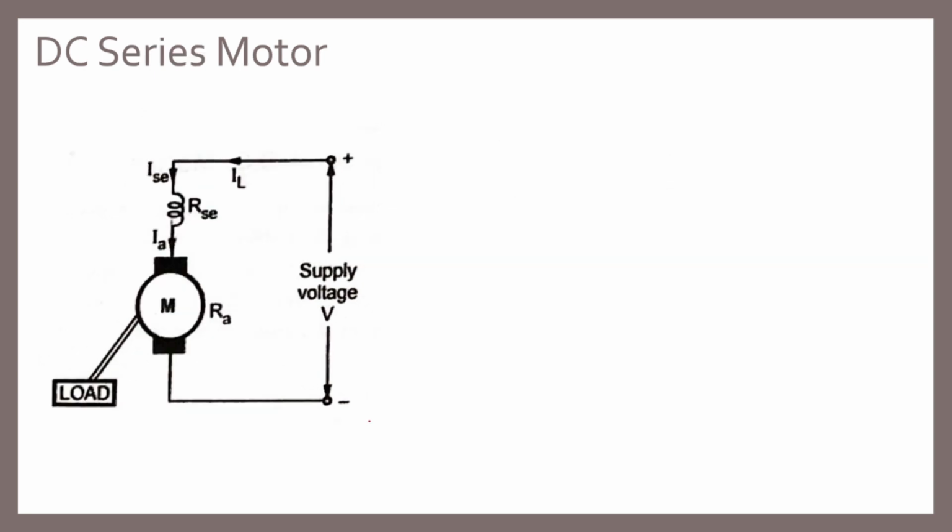Next is the DC series motor. So the same construction as the DC series generator, it's just that the flow of the supply voltage is different. It's going from the supply voltage to the armature, so the resistance is in series. Since it's series, your IL or the load current is equal to ISE, the current flowing through the series resistance, and that's also equal to our armature current since it is in series.